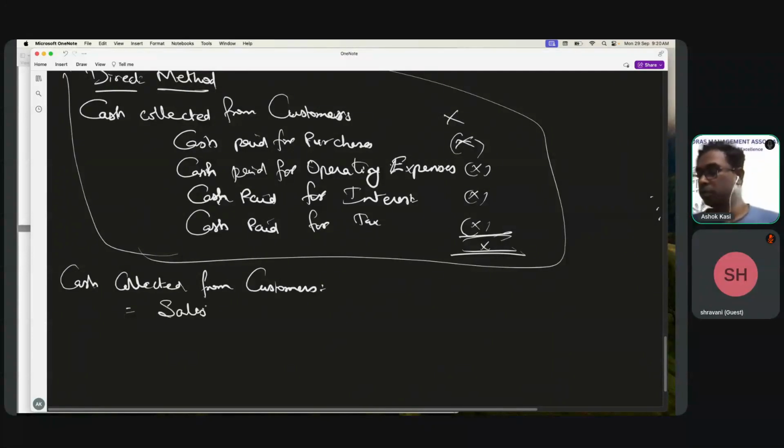When you do sales, you are collecting cash from them, plus decrease in accounts receivable, and then plus unearned revenue. All these are cash collected from customers.